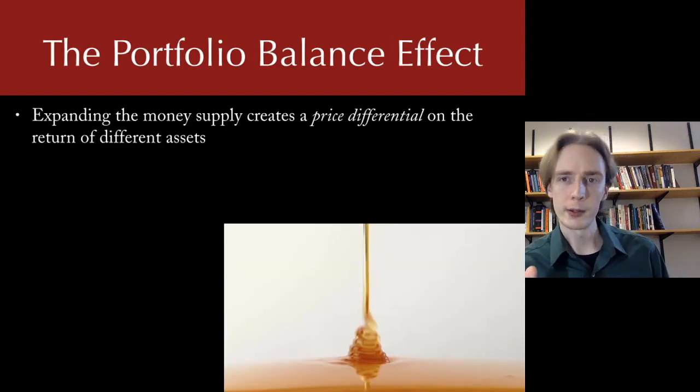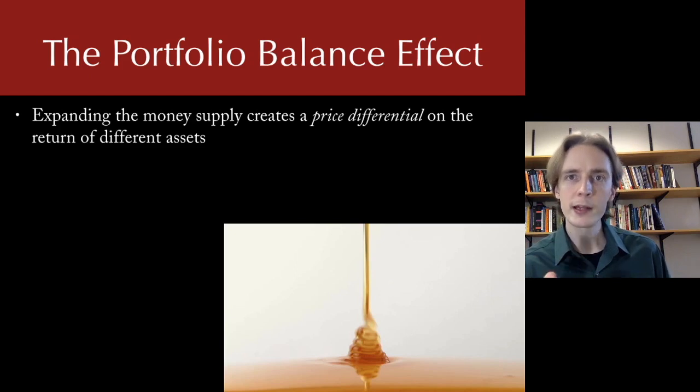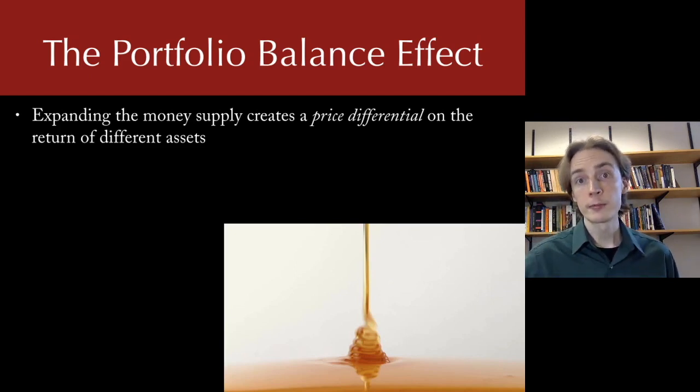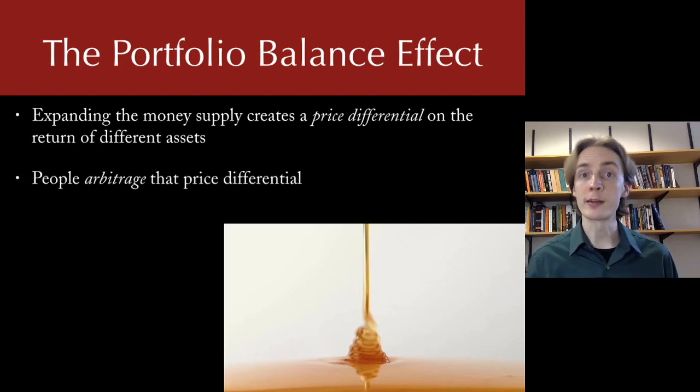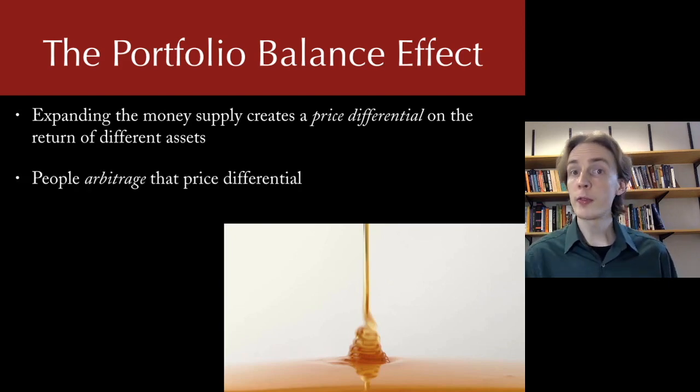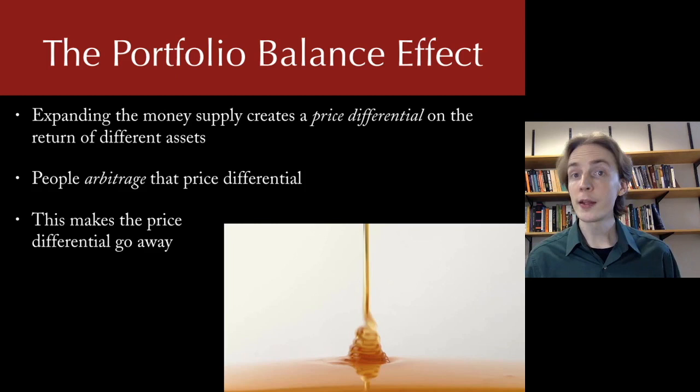So the way this works is that when the Fed expands the M0 money supply, and when the federal funds rate falls, and when the treasury rate falls, or you could imagine this happening in reverse too, when it rises. Either way, this is going to create a price differential. And when there's a difference in either prices or rates of return, people are going to arbitrage that away. And that's going to make the price differential go away, at least compensating for risk.